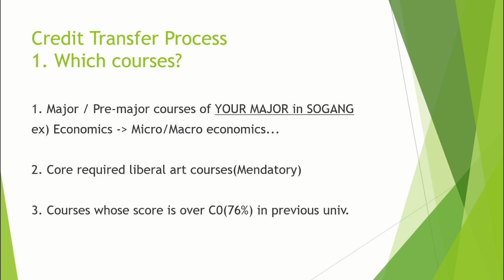Second, you also attended many liberal arts courses. If they are regarded as the same as our core mandatory liberal arts courses, then they can be transferred. In each case, your previous grade must be above C0 or 76 points.